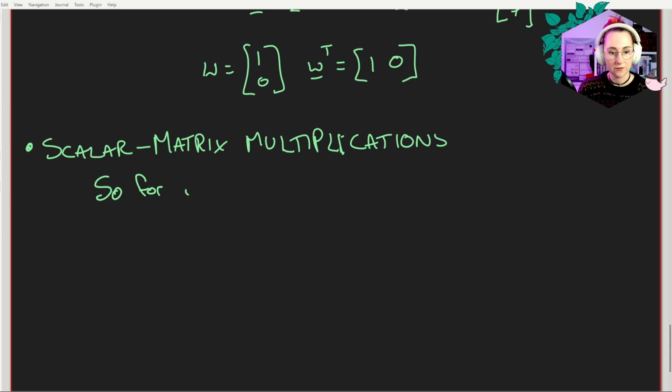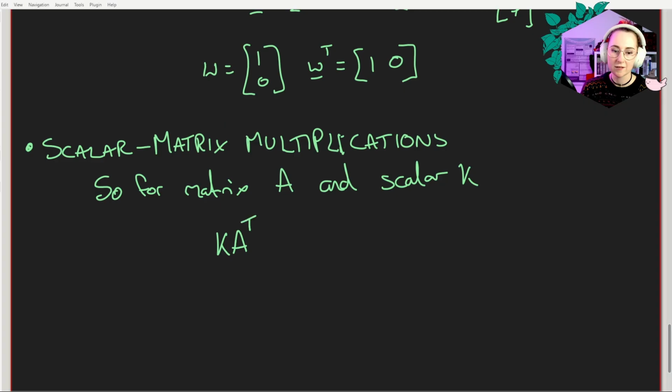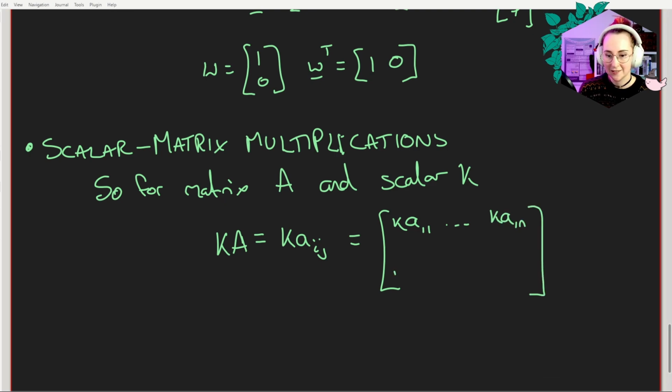So for matrix A and scalar K, KA is K a_ij. So K a_11, K a_1n, K a_m1, K a_mn. Every entry gets its own scaling.